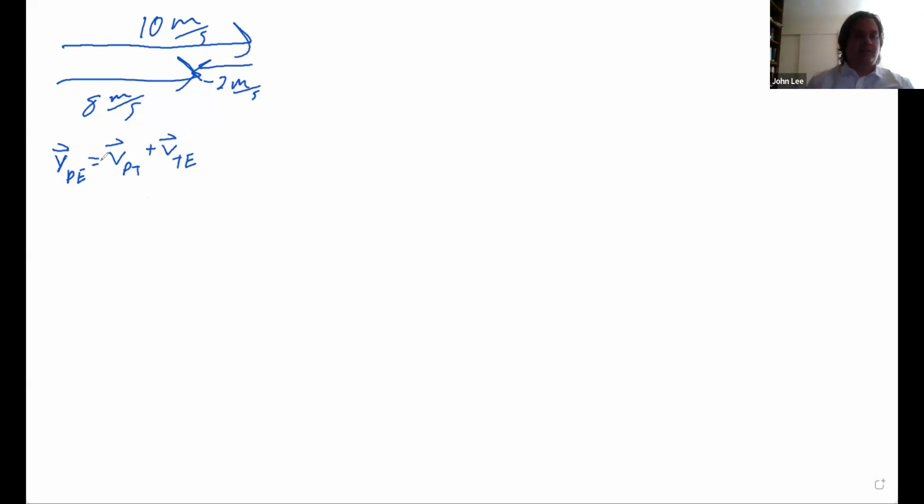This tells you how to find the velocities because you're already going at 10 meters per second with respect to the Earth.